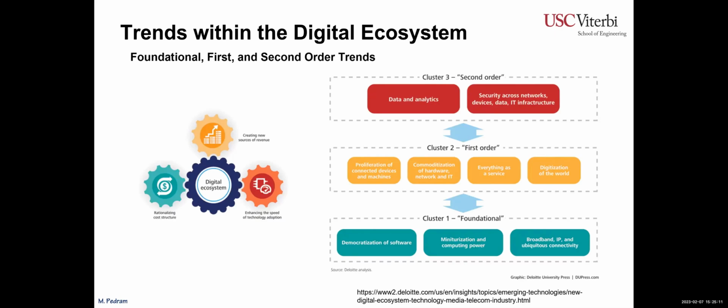So the foundational trends are the democratization of software, meaning access of the software services and products by anyone, regardless of their economic class, or gender, or country of origin. Miniaturization of the miniaturization itself, Moore's law.